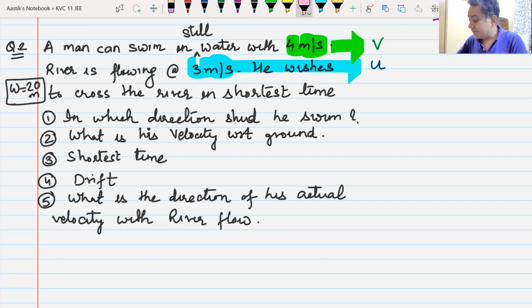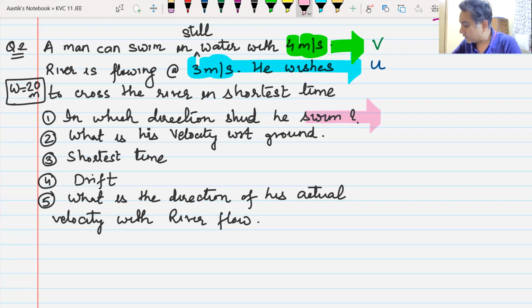The first thing is, in which direction should he swim with respect to the river? How should he swim with respect to the river? What is the first answer? No one knows it.